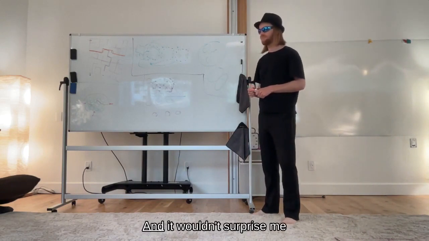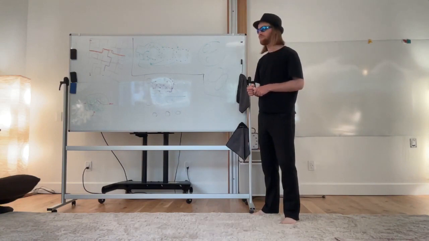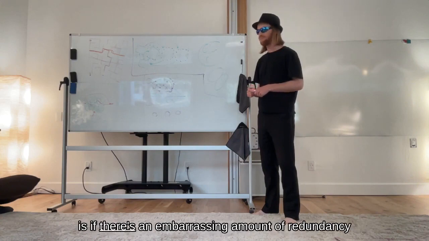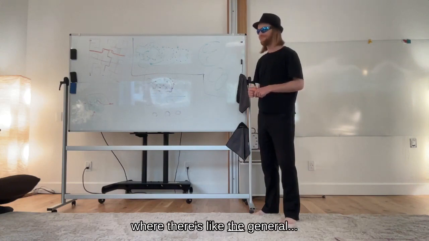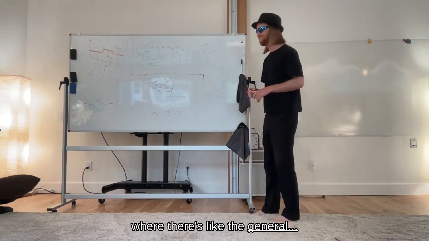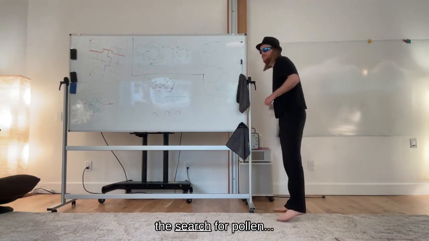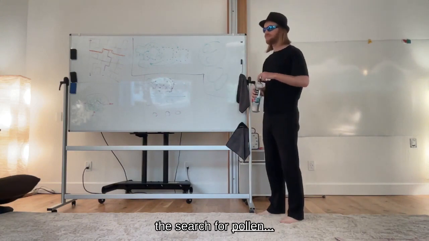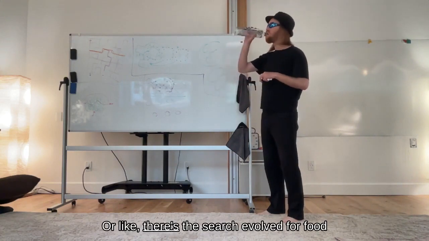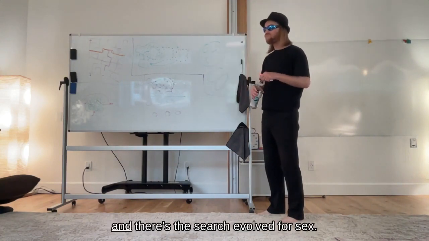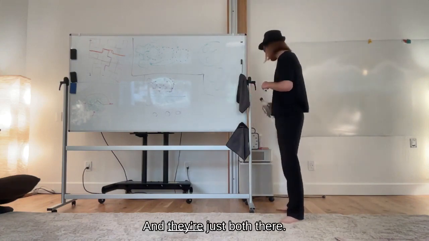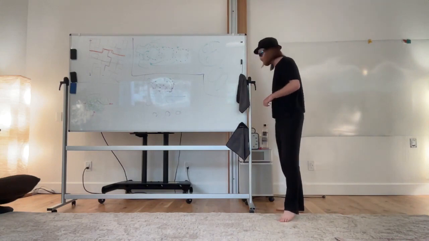And it wouldn't surprise me if there's an embarrassing amount of redundancy, where there's the search for pollen, or the search evolved for food, and there's the search evolved for sex. And they're just both there.